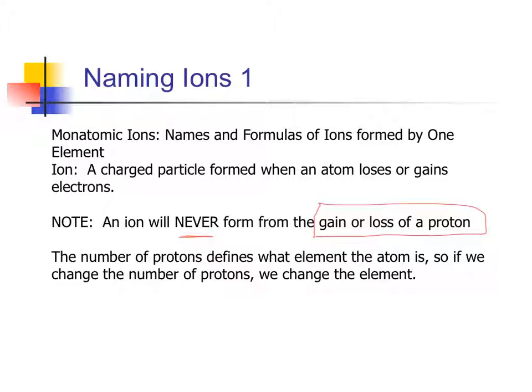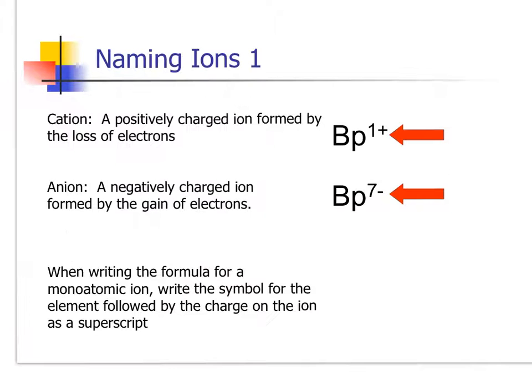A couple units ago, we talked about isotopes and the gaining or losing of neutrons. Now we're talking about the gaining or losing of electrons, and electrons only. So it is not the protons that are gained or lost. You do that, it's wrong. I'm sorry, there's no help for you if that's the case.